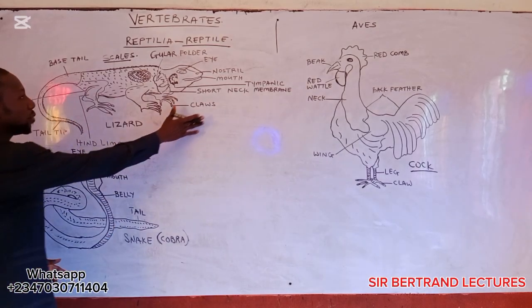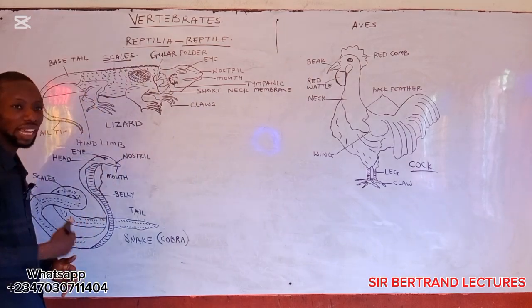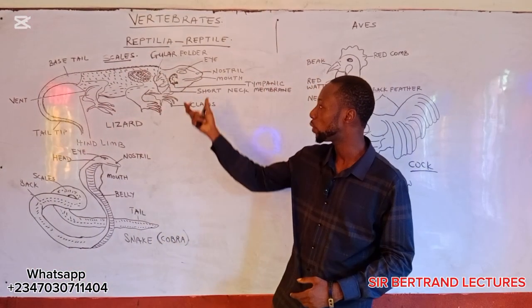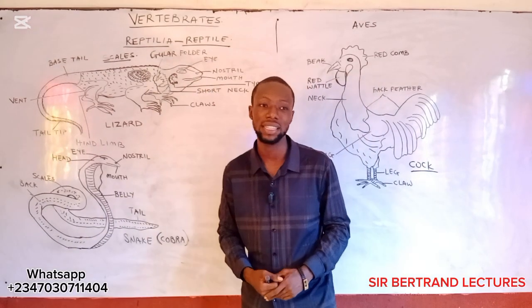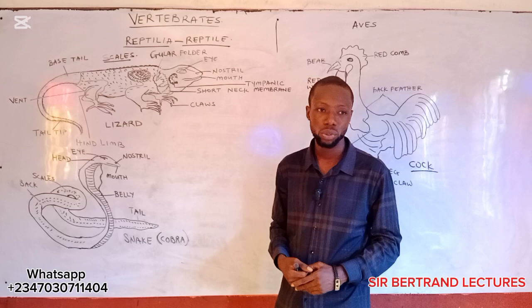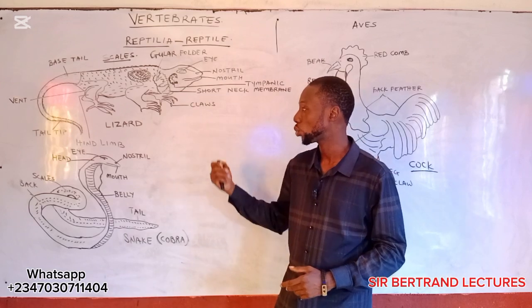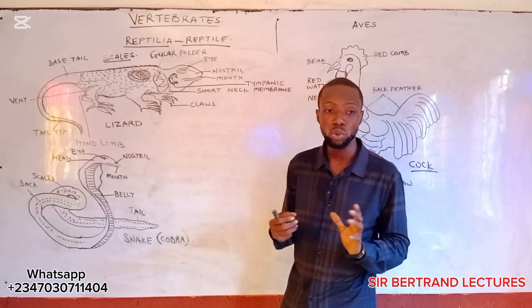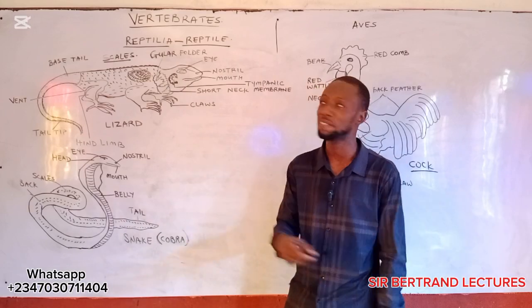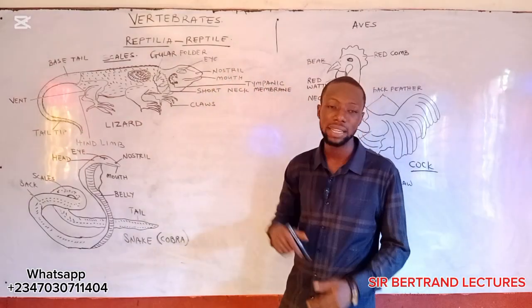These are the features they possess that enable them to survive in their habitats. Some of these features we have here are not in snake, something like gular fold is not in snake, and some other structures also. But we are going to basically talk on those features that make them to be classified as reptiles.